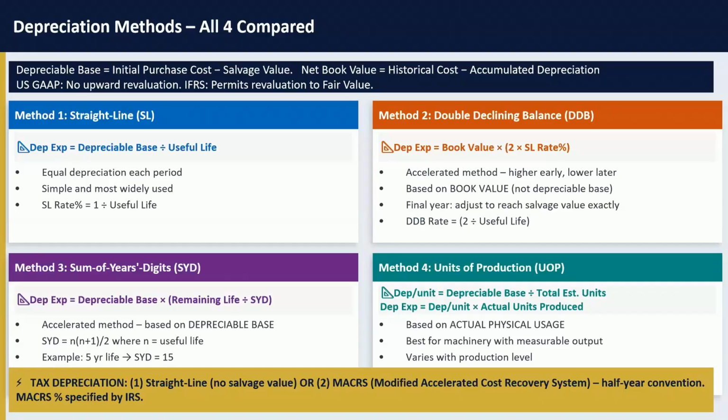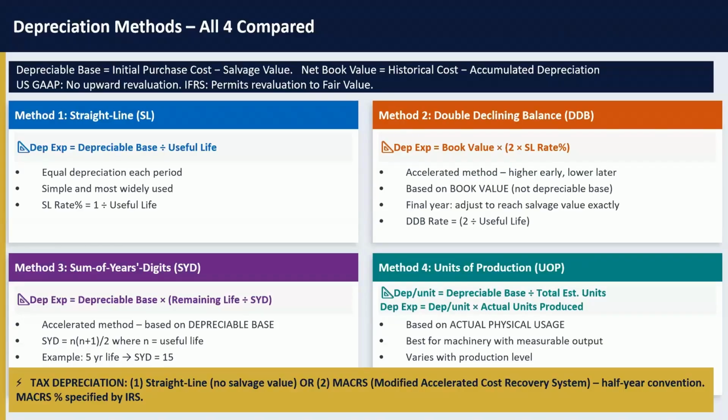Next comes the units of production method. Here, initially you find out the depreciation expense per unit. It will be the depreciable base divided by total estimated units. Your depreciation expense will equal depreciation per unit multiplied by actual units produced.